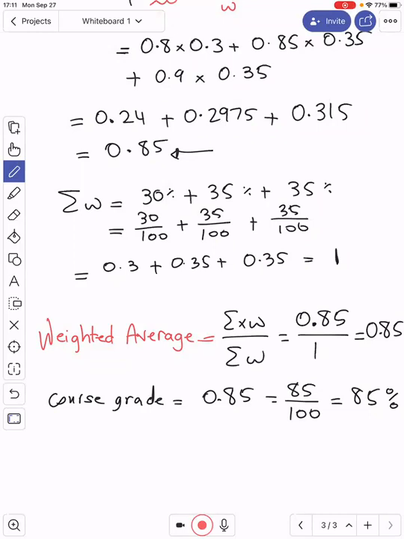Any questions, guys? All right, so here's an exercise for the weighted average.